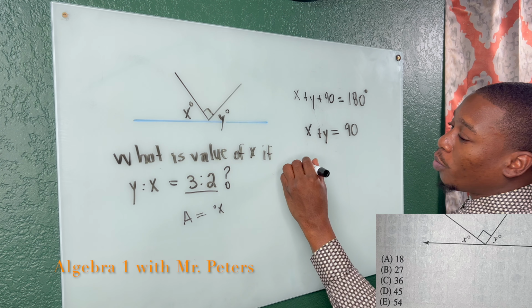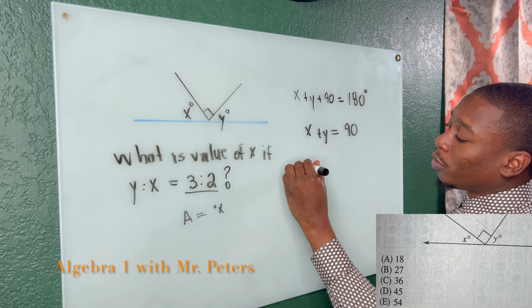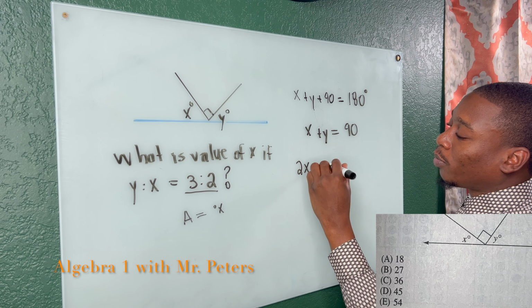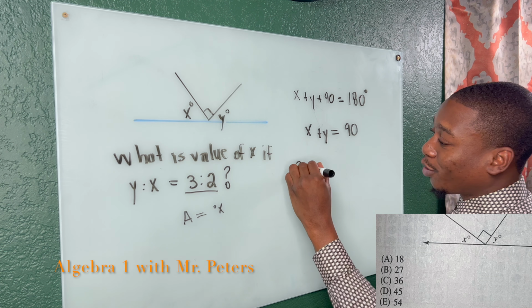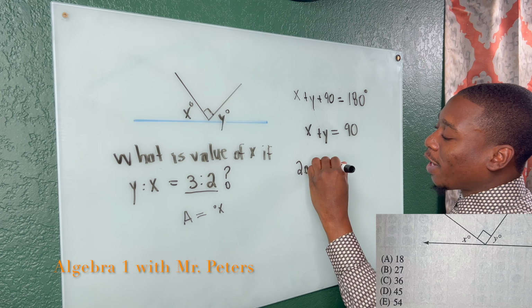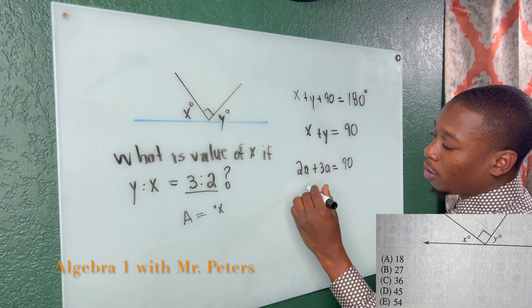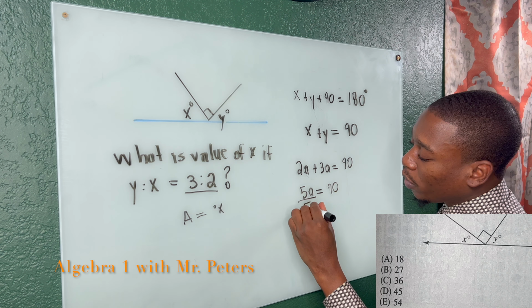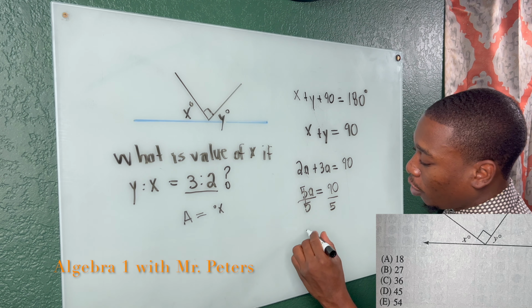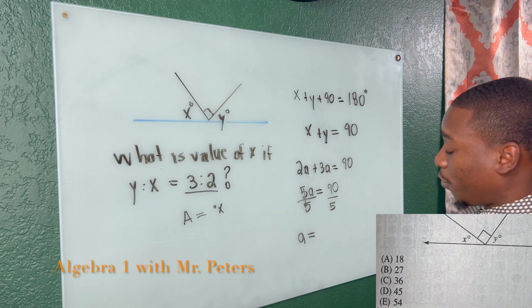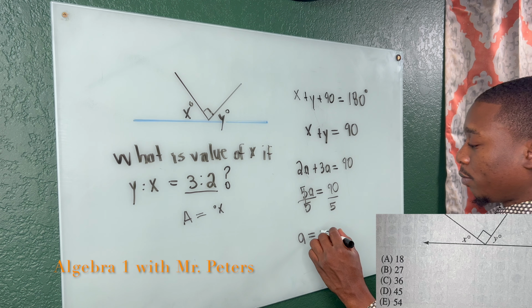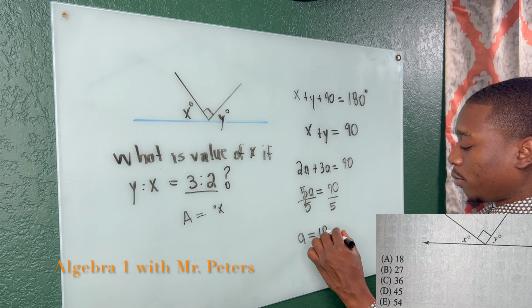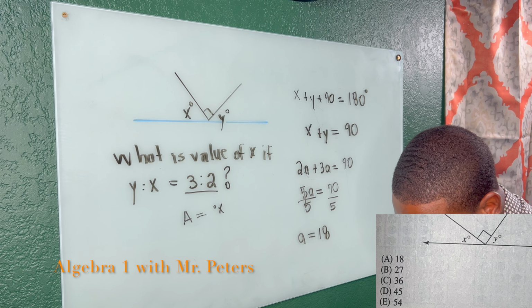So now we know 2x, sorry, 2a plus 3a is going to give us 90. So 5a is equal to 90. Once we divide by 5, what are we going to get for this? Should be 18 if I'm not mistaken.